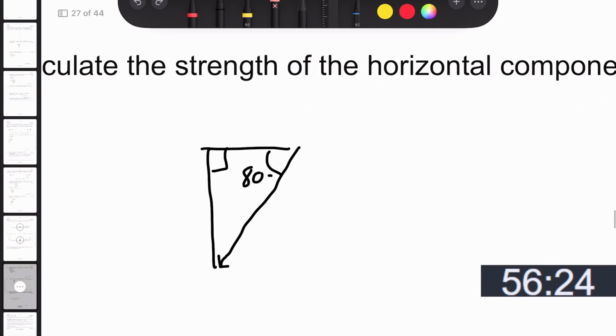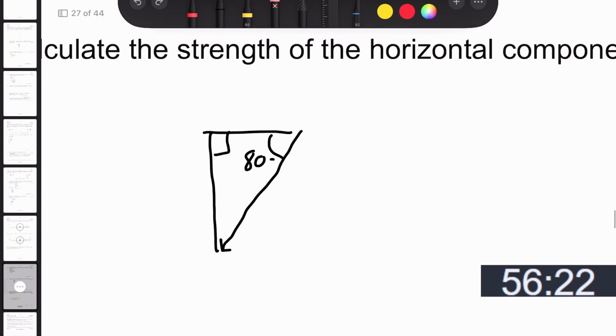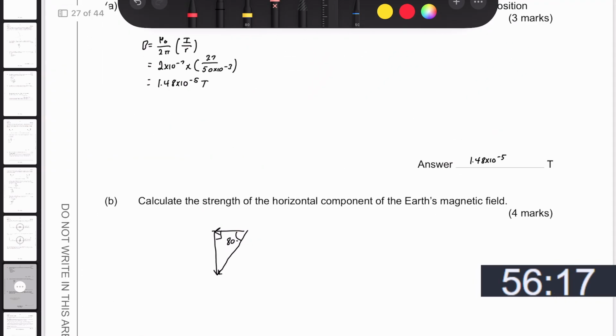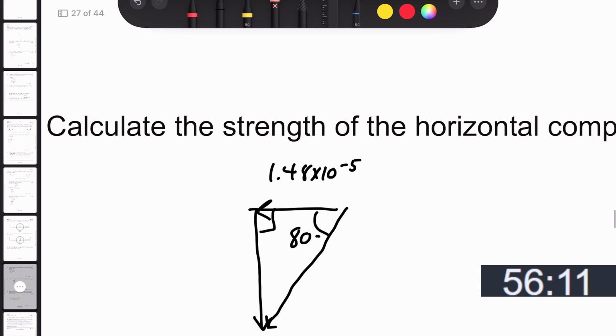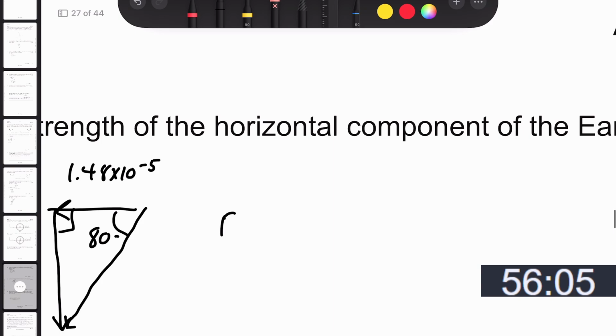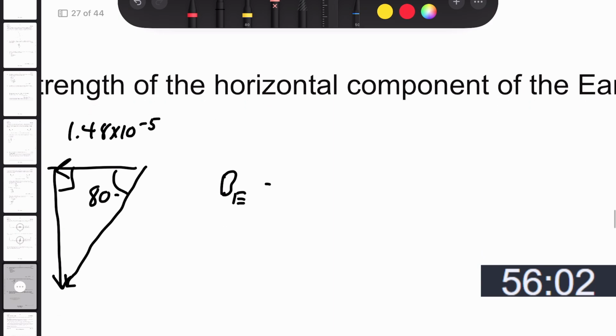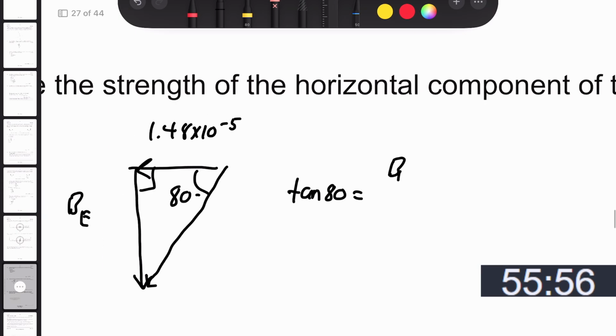Okay, and then the horizontal component of the Earth's magnetic field. Well, I know that this is 1.48 times 10 to the negative 5. So then this is B of E. It's going to be tan 80, maybe the opposite, so BE over adjacent.